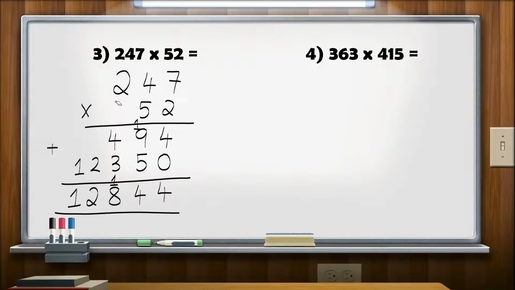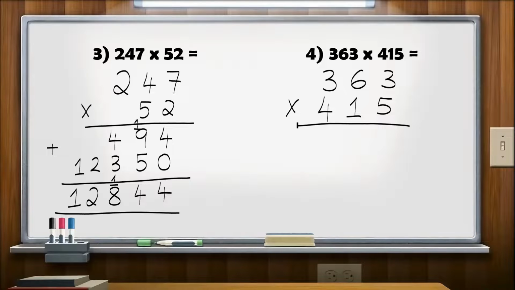Now, moving on to question number 4. You can see the numbers have got a little bigger. Okay, so this time we are multiplying 363 with 415. So as I've done before, I'm going to multiply each of my numbers with one another.